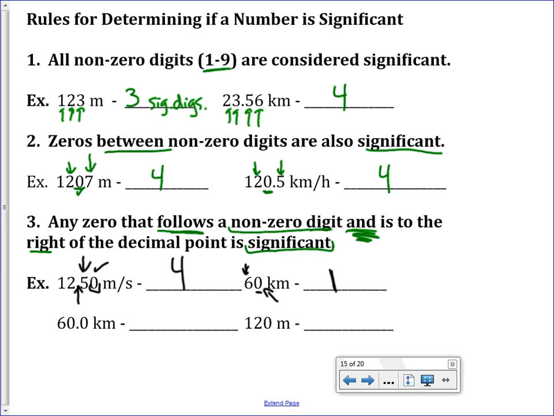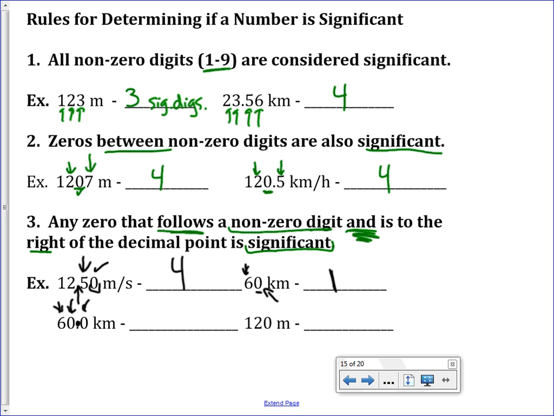Note again that in the following example, we have 60.0 kilometers. So in this case, we do have two zeros here that do follow a non-zero number.